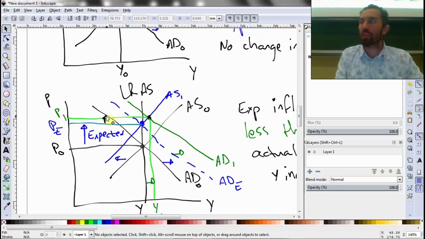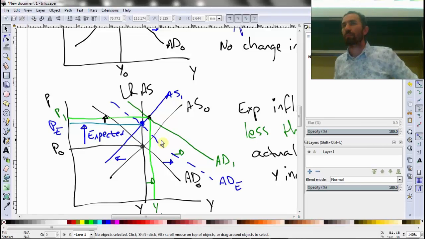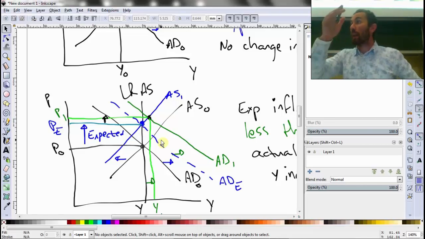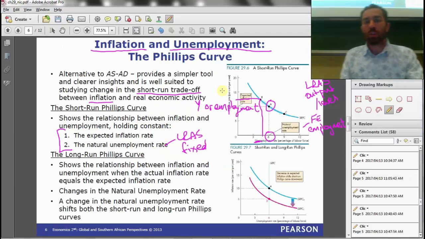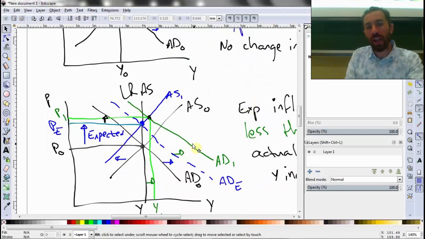Higher inflation, but higher output, right? If we have higher output, what is happening to our unemployment? Our unemployment is decreasing, right? So we can end up in a position with higher inflation and lower unemployment if we increase aggregate demand by more than what was expected.